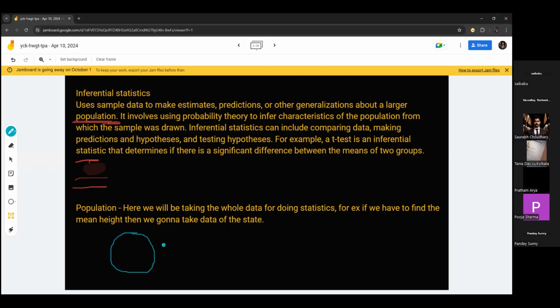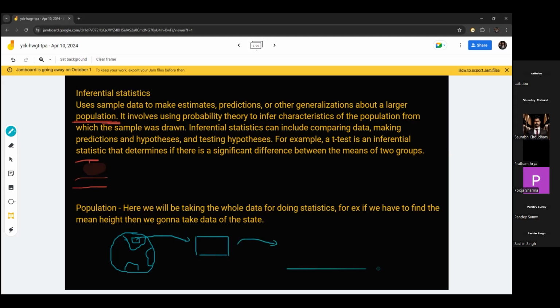This is your world, and there are many countries here. If we have to find the average height of this universe, we will not be taking the data from all the countries. We will be taking the data from only a few portion of the countries to pull out the data, and then we will find out the mean.